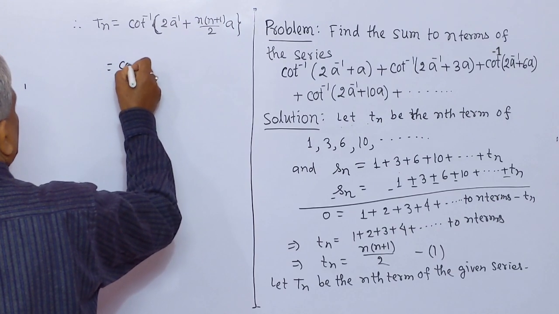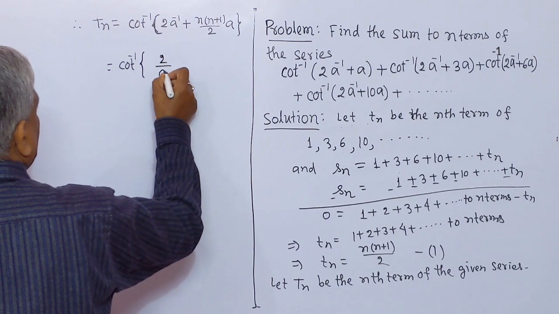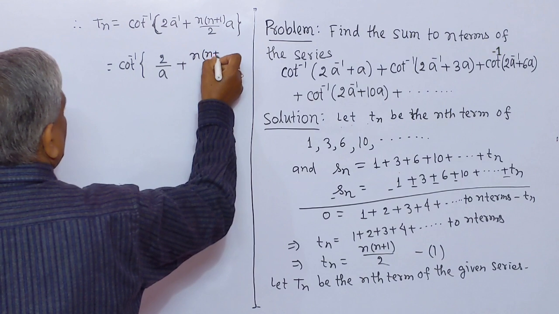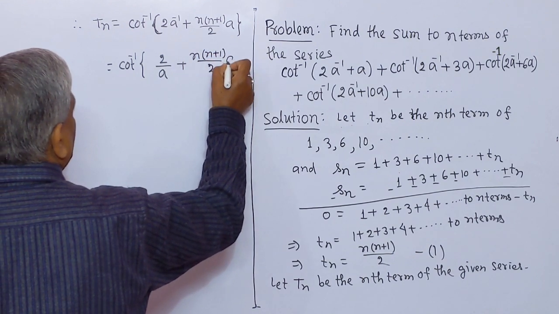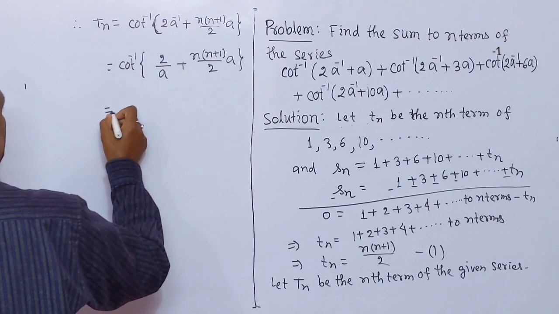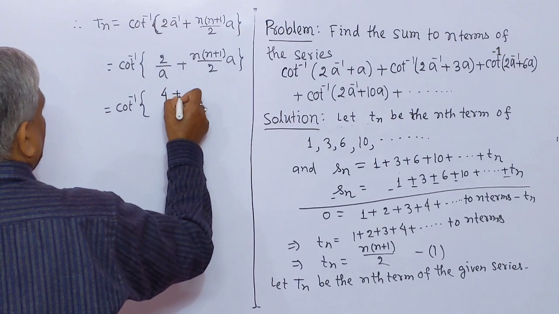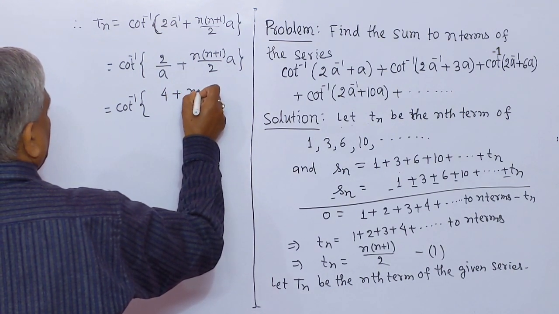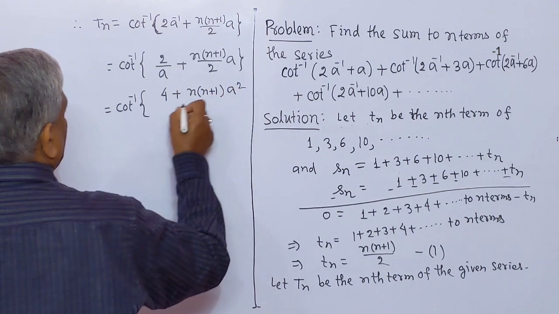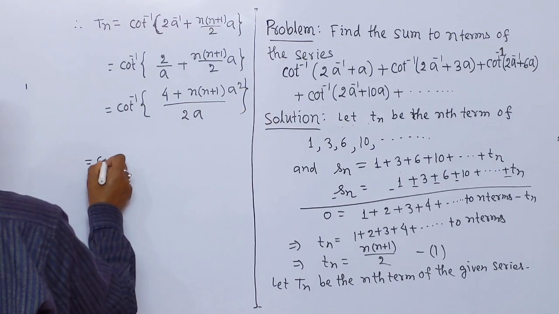This is equal to cot inverse (2 by a plus n into n plus 1 by 2a), and this equal to cot inverse ((4 plus n into n plus 1 a square) by 2a).